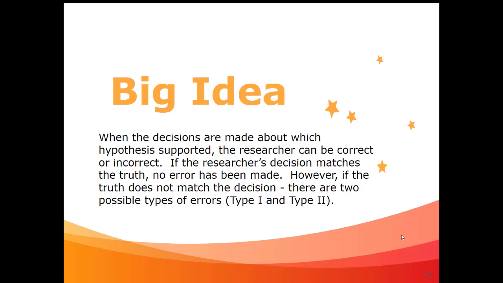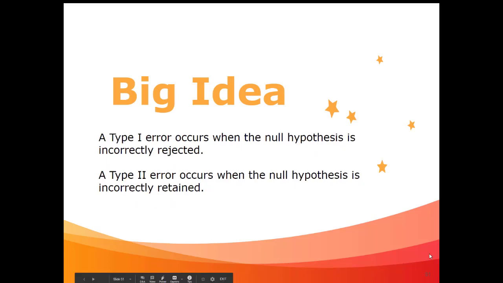If the researcher's decision matches the truth, then no error has been made. However, if the truth does not match the decision, there are two possible types of error, type 1 error and type 2 error. A type 1 error occurs when the null hypothesis is incorrectly rejected. A type 2 error occurs when the null hypothesis is incorrectly retained.